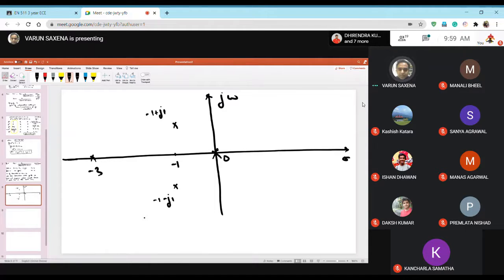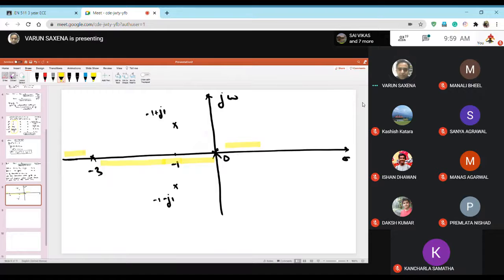Now we need to find out what are the portions in which the root locus lies. There are obviously these regions: one is this region, the other is this entire region, and then one is this region. Obviously nothing will lie here.